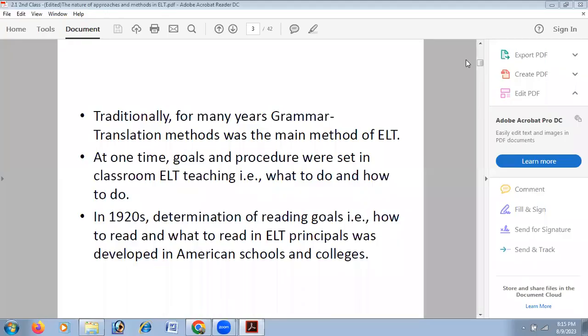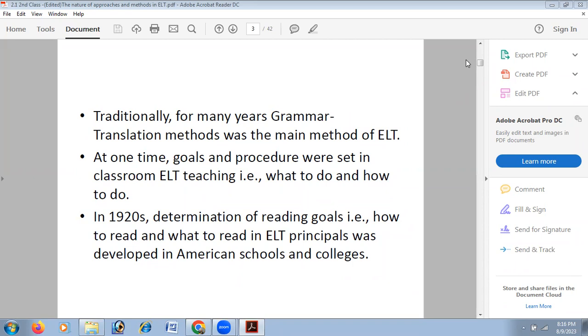So what I was talking, that means traditionally for many years, in case of Bangladesh or in case of all over the world, we used one method, and that method is grammar translation method. And even in Bangladesh, we had been following grammar translation method for a long time, up to 1986.